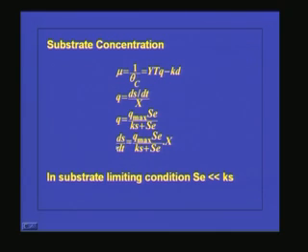This all we have discussed in detail earlier, or we can write like this: ds by dt, the rate of change of substrate concentration in the system, is equal to q max into Sc, whatever is the substrate concentration present in the system, by Ks plus Sc into X. But in the activated sludge process, what we assume is the substrate is limiting.